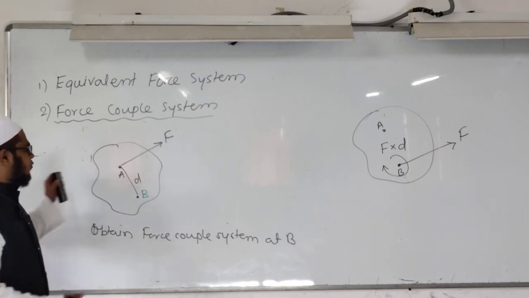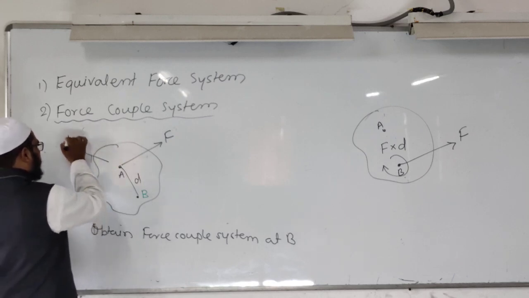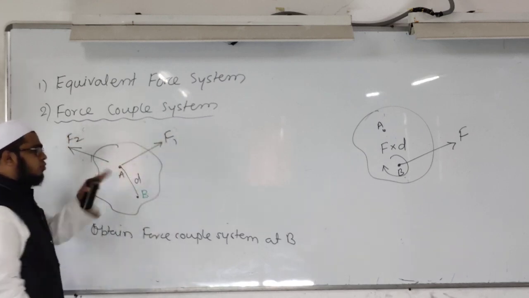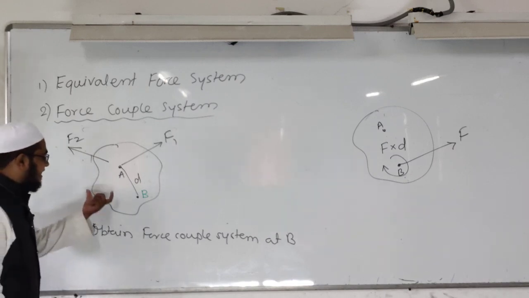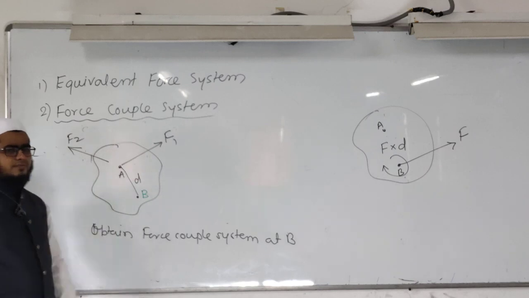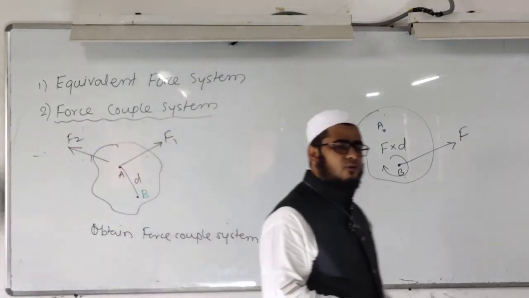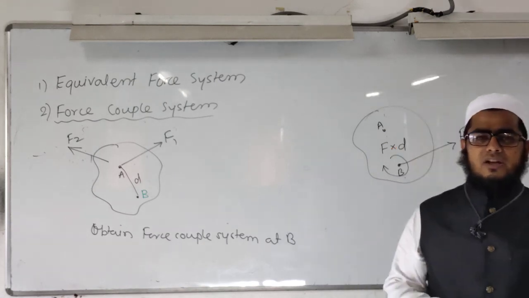Whenever in the given force system there are more than one force, F1, F2, then how to transfer? In that case we will first find the resultant of the given force system. How to find the resultant? I will resolve all the inclined forces into horizontal and vertical components.